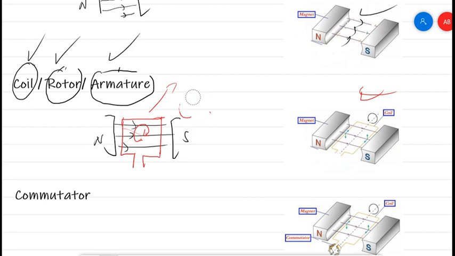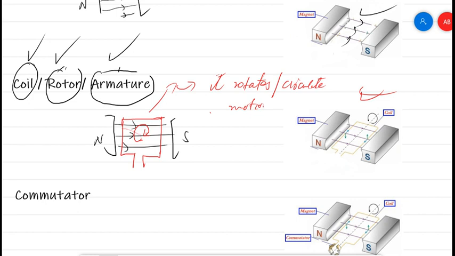So here just keep in mind the function of the second part of our electrical motor, that is a coil, rotor, armature. And what is its function? That it rotates, or it moves, circulates, or produces motion.